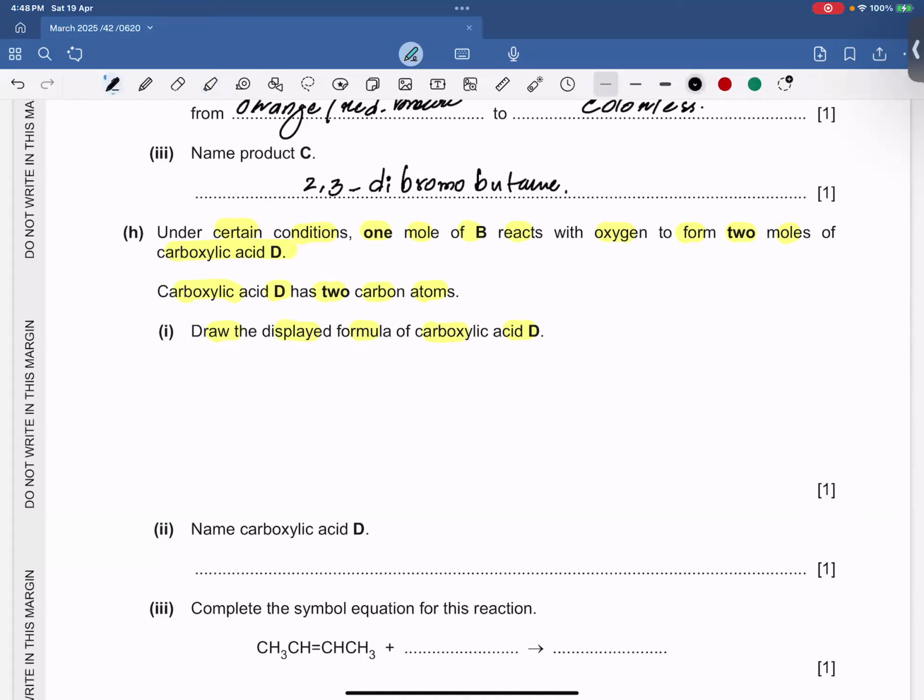This is butene, and the examiner is converting this compound into a carboxylic acid, and that carboxylic acid contains only 2 carbon atoms. So a 2 carbon carboxylic acid is called ethanoic acid.